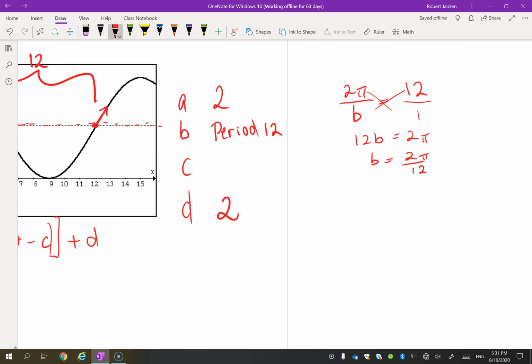To get B, you go 2 pi divided by 12. To get the period, you go 2 pi divided by B. So how do we figure out what B is? You take 2 pi and divide by the period. So in this case it's 2 pi divided by 12.